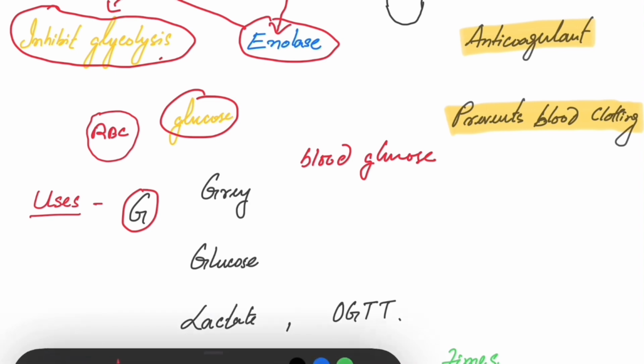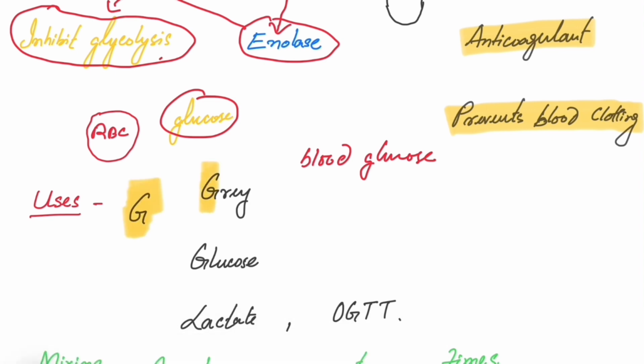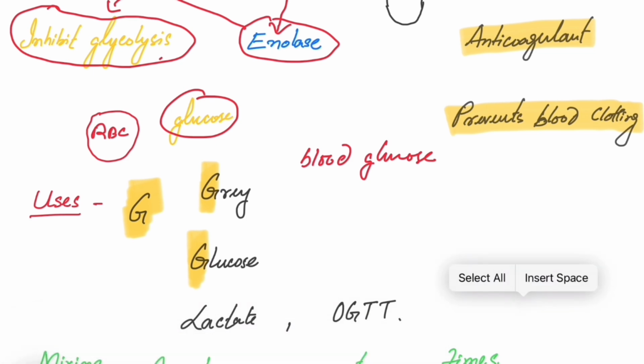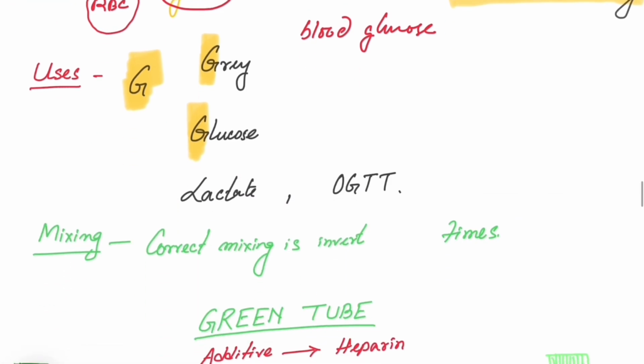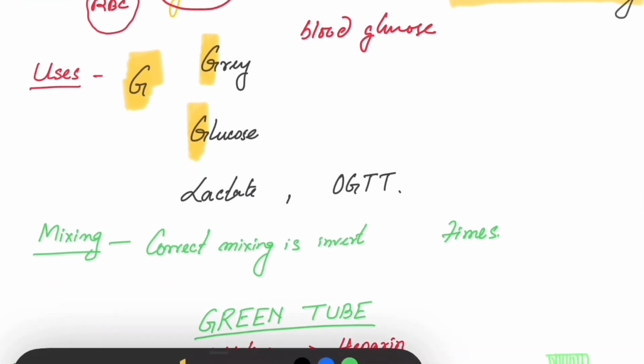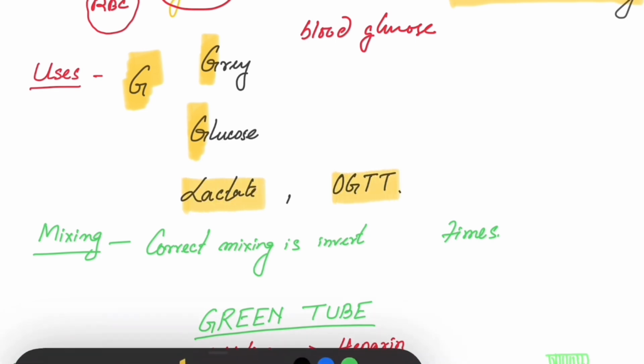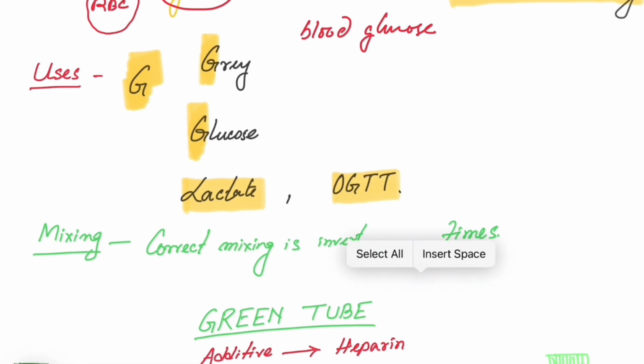What are the uses? Just remember G for grey and G for glucose. You can easily remember: G for grey, G for glucose. We use the grey tube for estimation of glucose. Other than glucose, we can also use it for estimation of lactate and for OGTT.